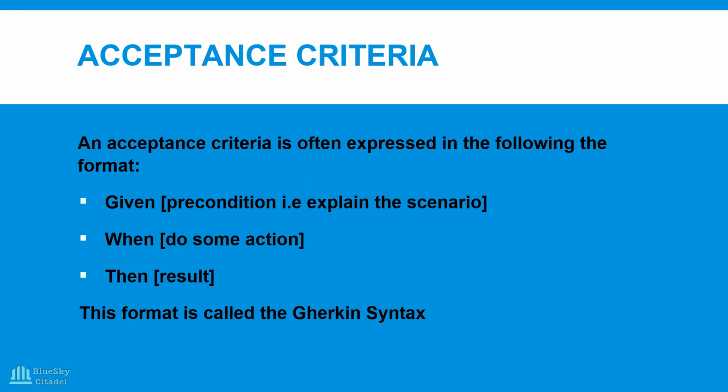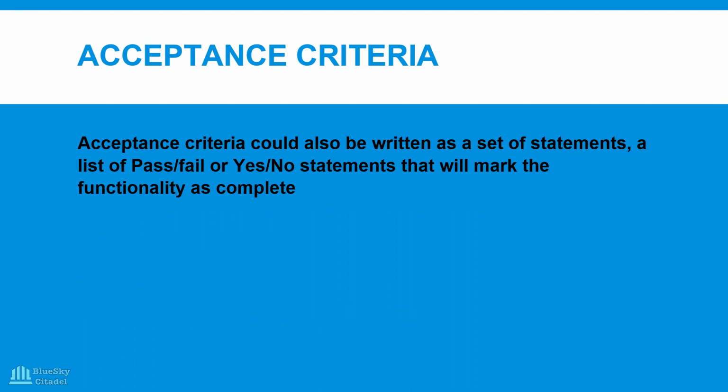When the action happens, what's the result of that action? Do we understand so far? Given certain conditions are met, when something happens, then this will happen. So that is a result, right? Okay, so that's the first format. Acceptance criteria could also be written as a set of statements.